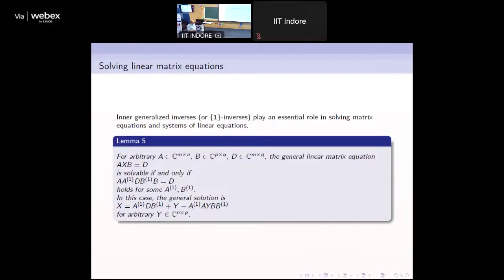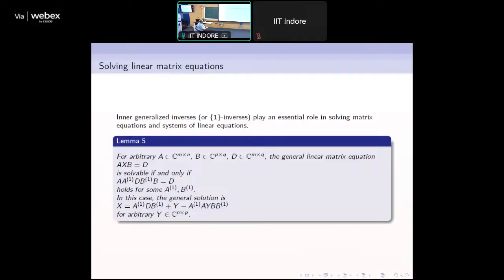So here is, I will say, the most important application of G inverses. Using inner inverses, we can continue linear algebra. We can solve such a linear matrix equation. If we multiply this X by A from the left and B from the right, what will we obtain?